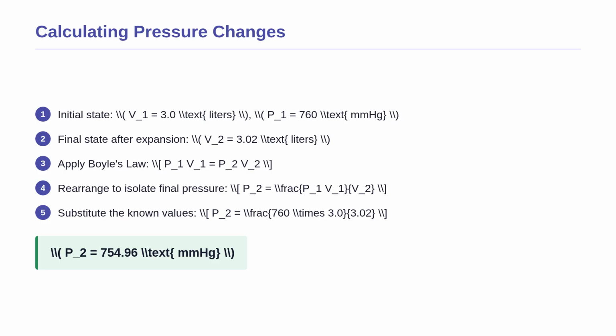We start with Boyle's law and rearrange it to isolate our unknown variable, P2. We then substitute our initial pressure, initial volume, and the new expanded volume into the equation. Multiplying and dividing gives us a final pressure of approximately 755 millimeters of mercury. Because this is lower than the outside atmosphere, it creates a vacuum effect of 5 millimeters of mercury that sucks fresh air into the lungs.